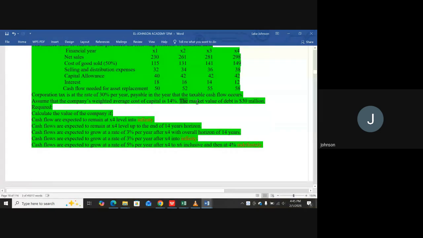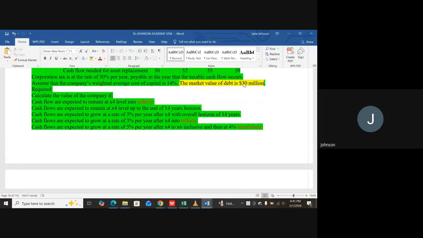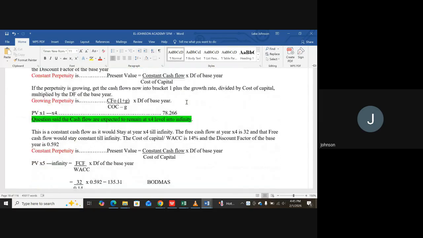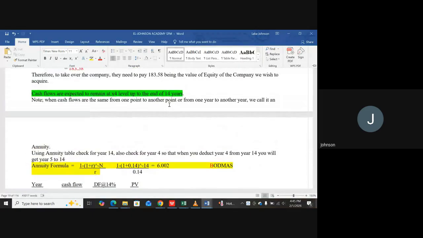So this is what I was referring to. The question has given us a debt value already. It must give us one, so it has given us this one. So if the answer is 30 million, we now come back to this place.